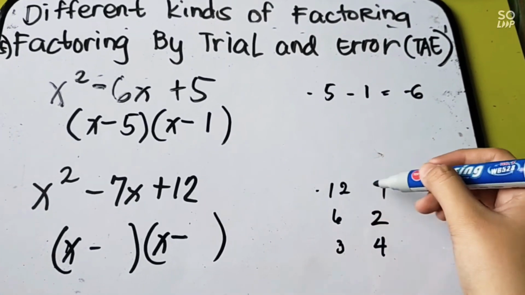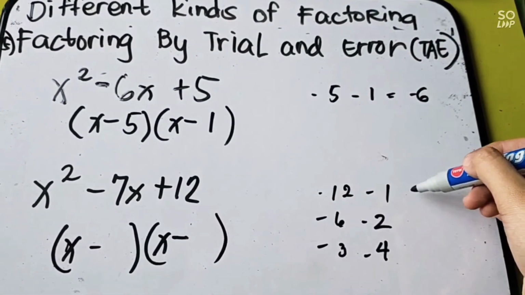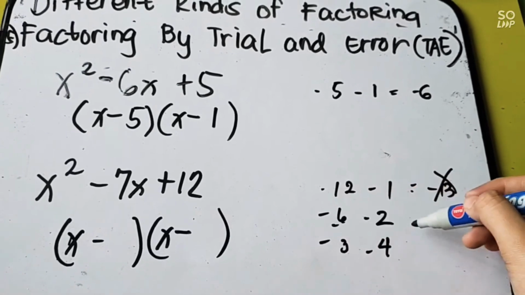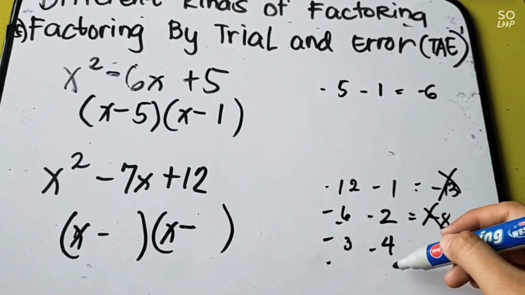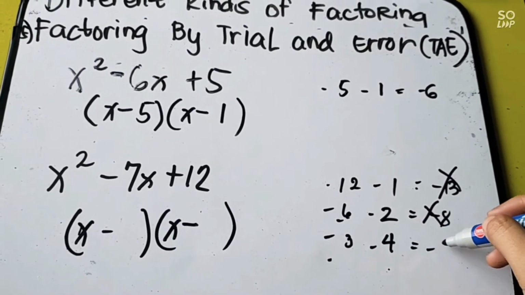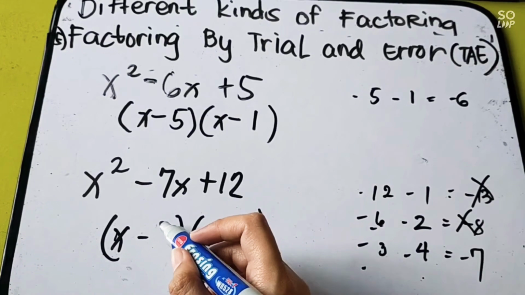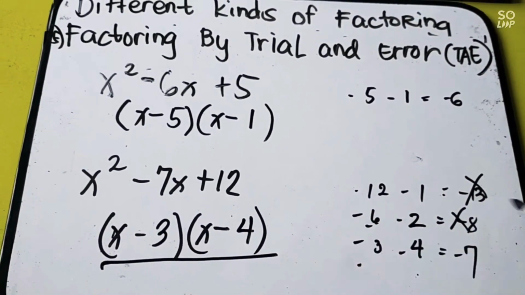Since they are both negative, they should all be negative. When we add this, the answer is negative 13. So, that's wrong. When we add this, the answer is negative 8. Still wrong. When you add negative 3 plus negative 4, the answer is negative 7. Correct. So, the factors here are minus 3 and minus 4. So, this is now your factors.